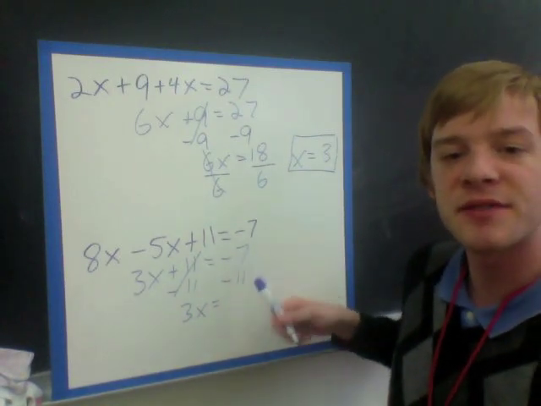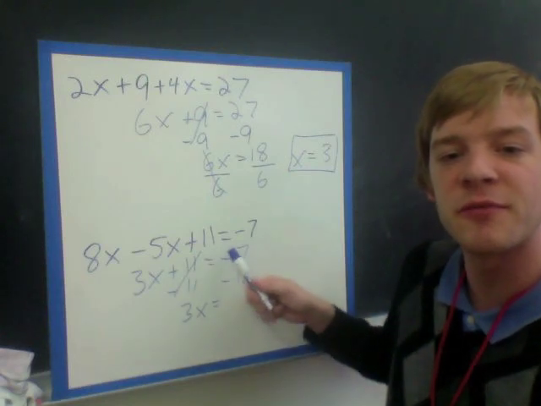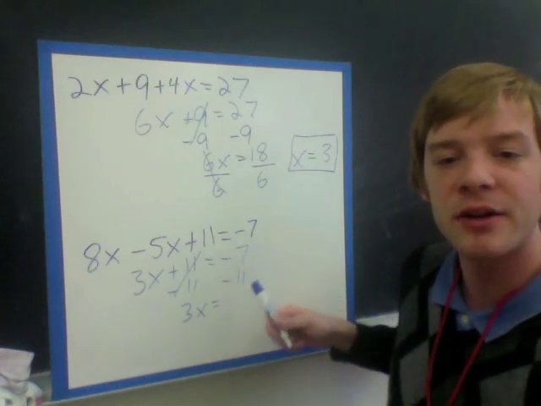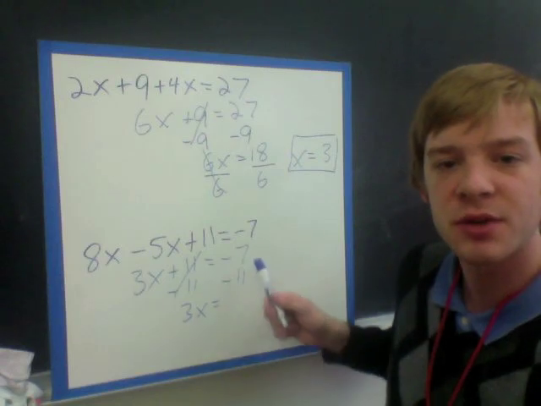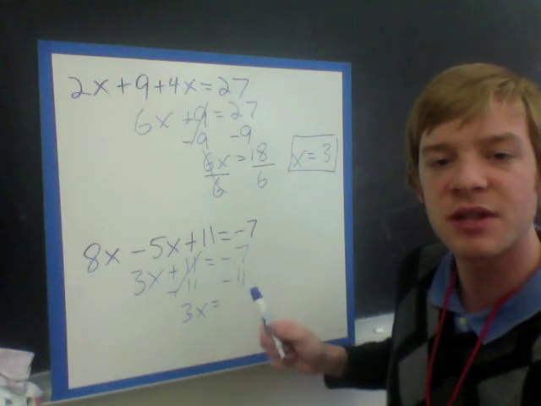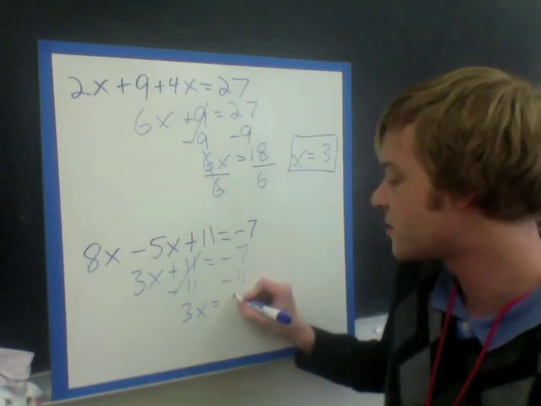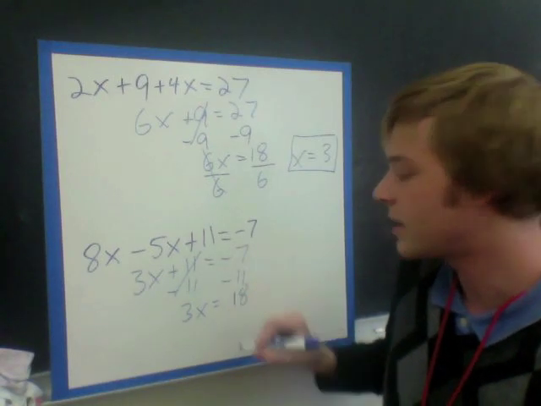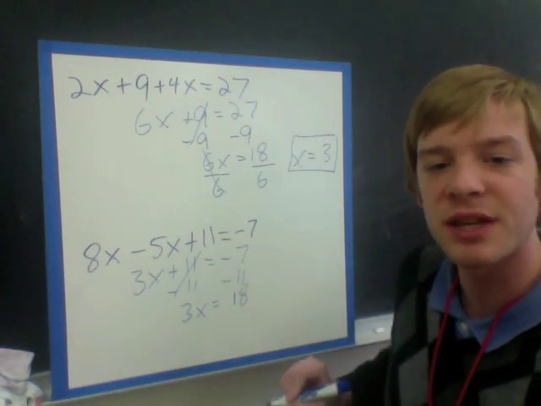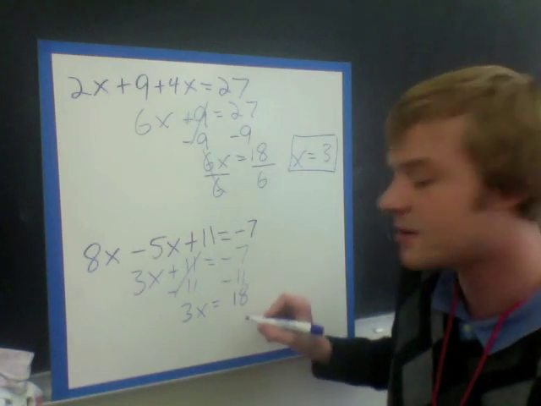Over here, we've got negative 7 minus 11. And if you remember, if both signs are the same, we add our numbers and keep the same sign. So 7 plus 11 gives me 18. And since they're both negative, we keep the same sign, and it'll be negative 18.